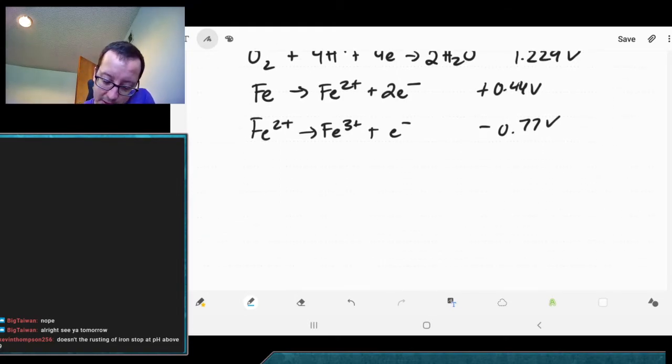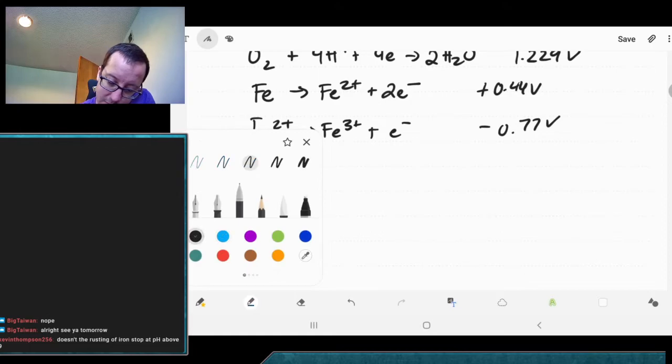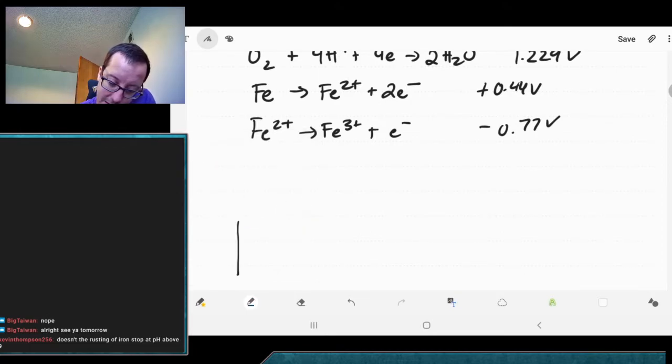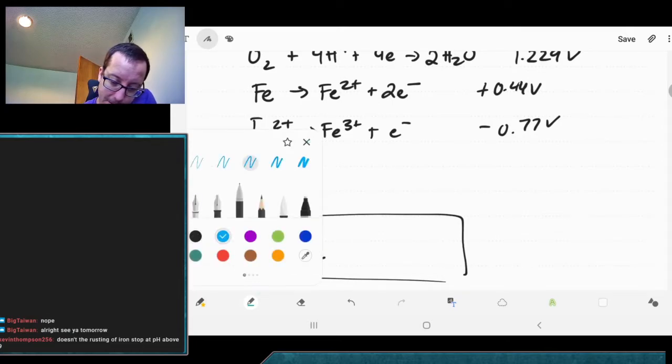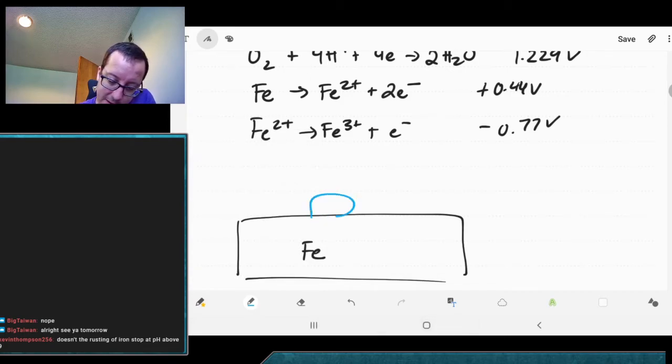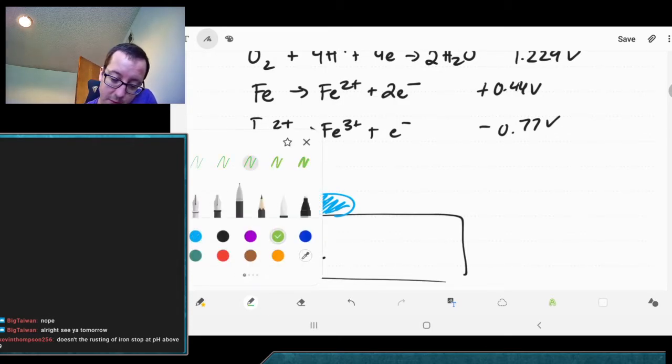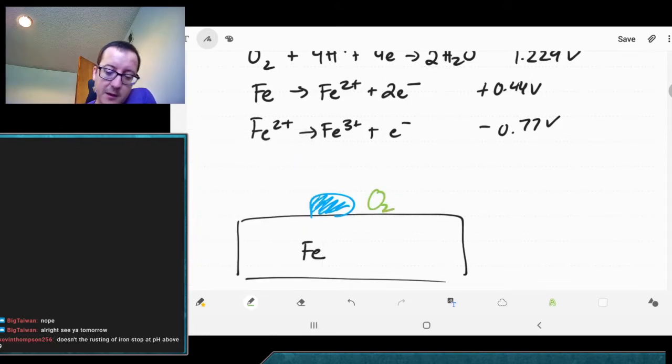So what happens here? As you have a chunk of iron, as soon as this can come in contact with water, because you need water for the reaction, right? You've got O2 floating around up here, just in the air.